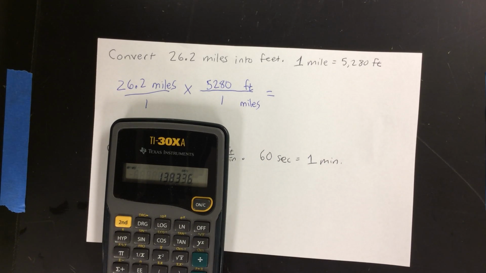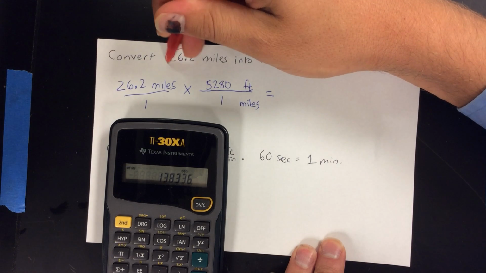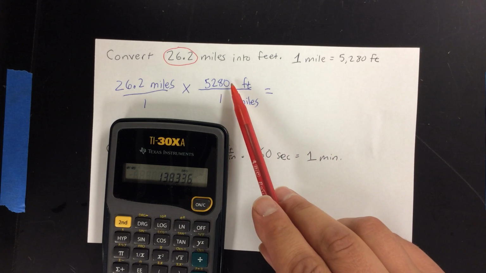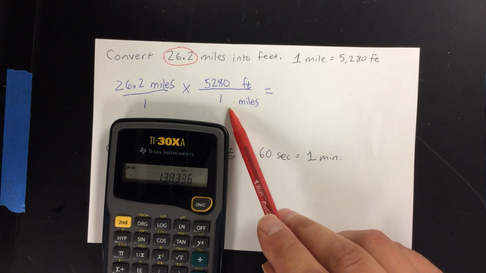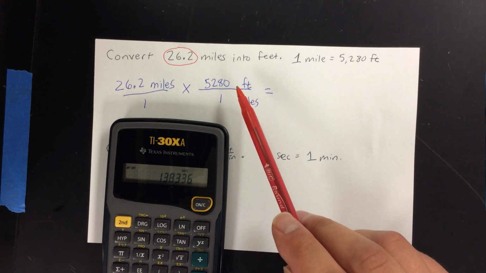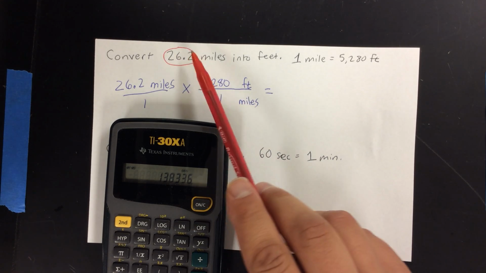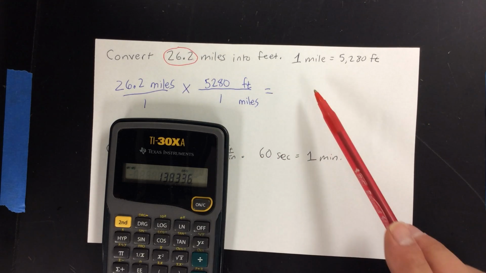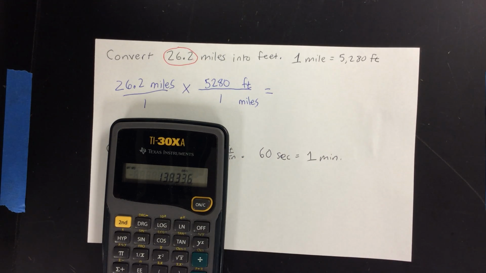Now, if we look up here, 26.2 miles has only 3 significant figures, right? It's give or take 1/10 of a mile. Now, this conversion factor is exact. 1 mile is exactly 5,280 feet. Most conversion factors are. So what that means is however many sig figs you start with in your original measurement is how many you should end with in your final measurement.